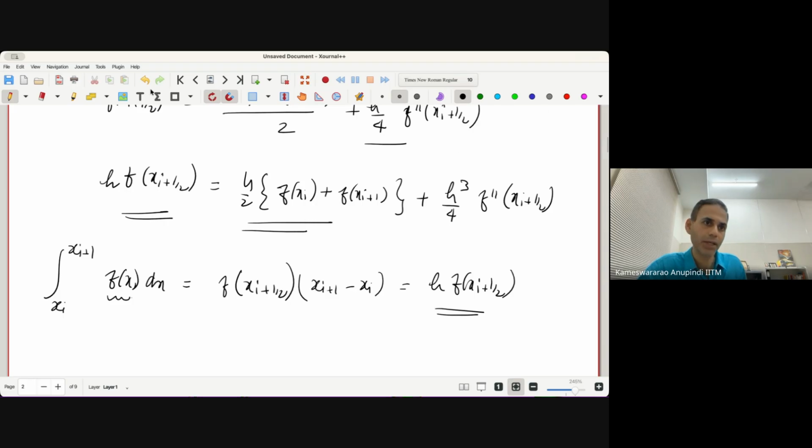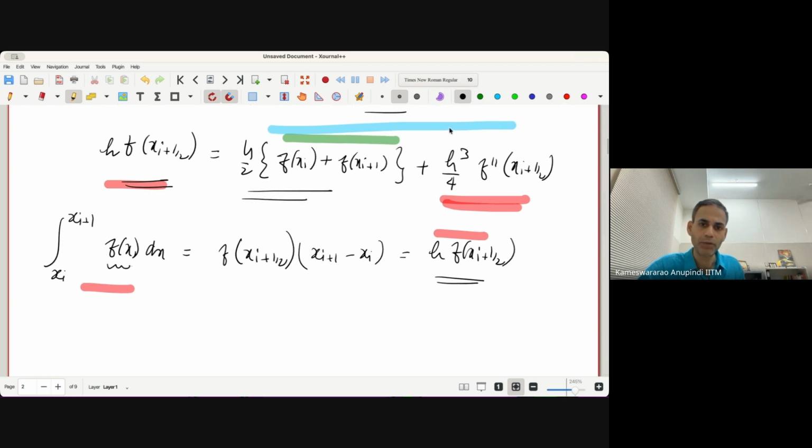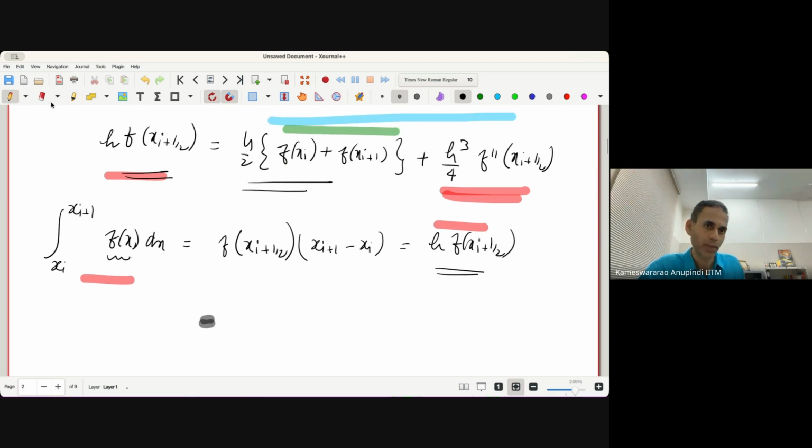This is an approximation which we are replacing with these terms, and in the formula we only have up to here. We are only approximating it as h by 2 times f of xi plus f of xi plus 1. So the truncation error that is involved is order h cube. So this is equal to h by 2 times f of xi plus f of xi plus 1 plus order h cube.